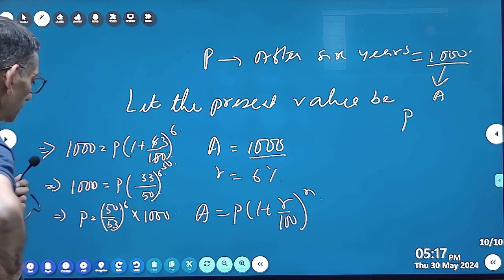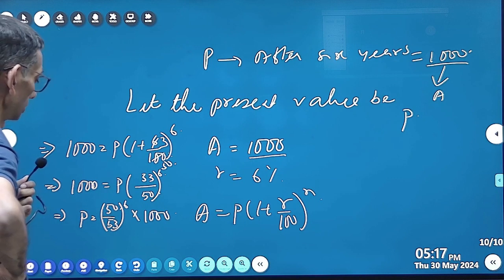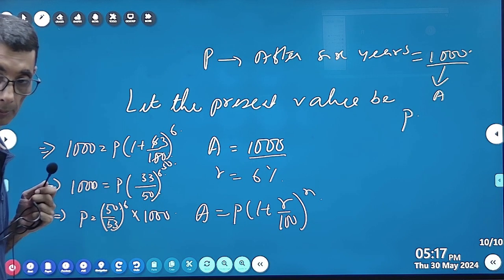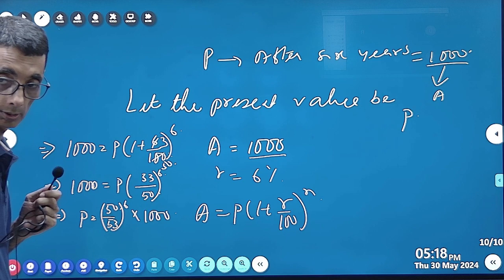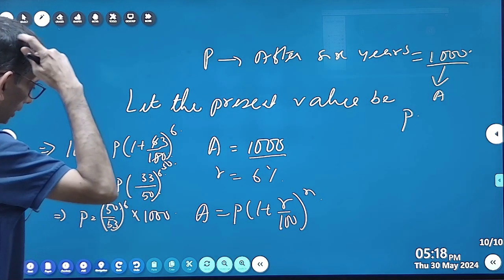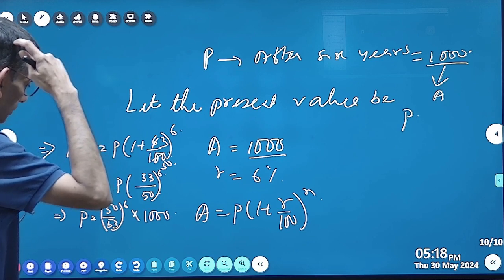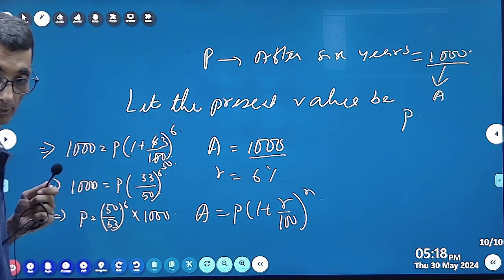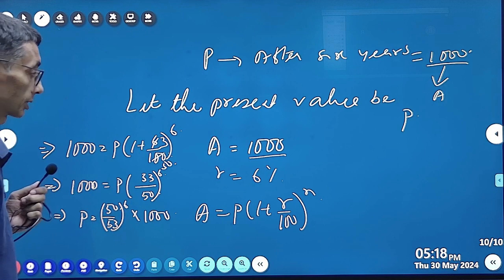So just divide 50 by 53. It is 0.9433. Now you have to multiply 0.9433 six times, right? It's alright, you can multiply this, that's not a problem.